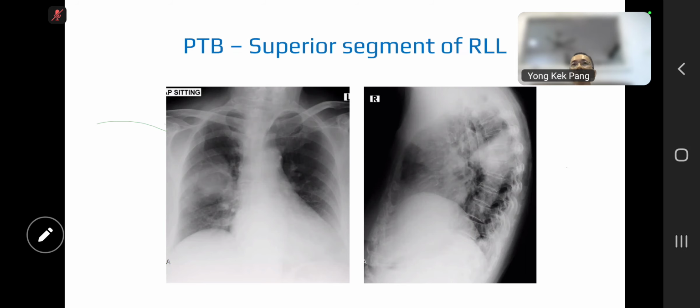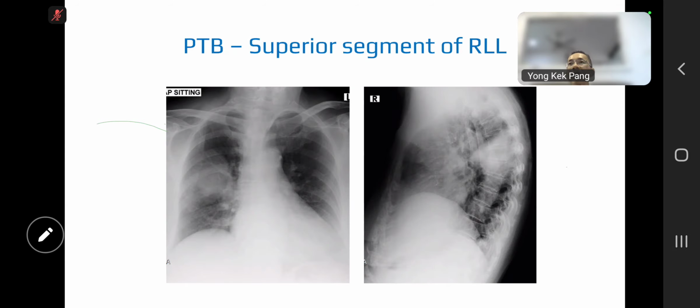Sometimes we may miss it because we always look at the upper zone. What you can see here is a consolidation at the right middle zone. You may think that it's the middle lobe, or the lower aspect of the lower lobe.